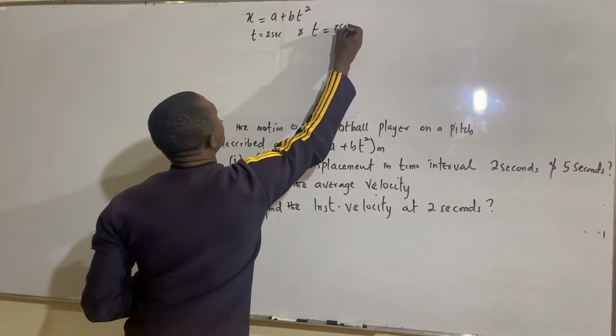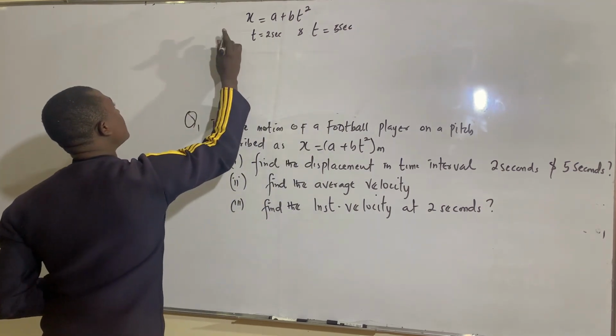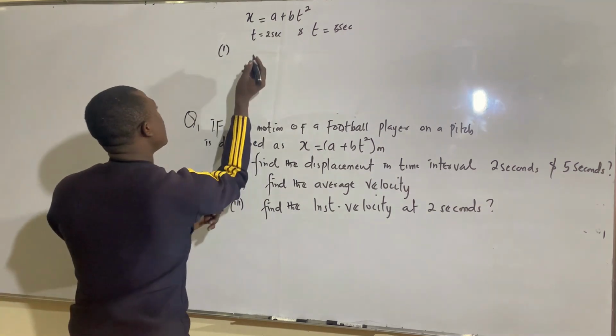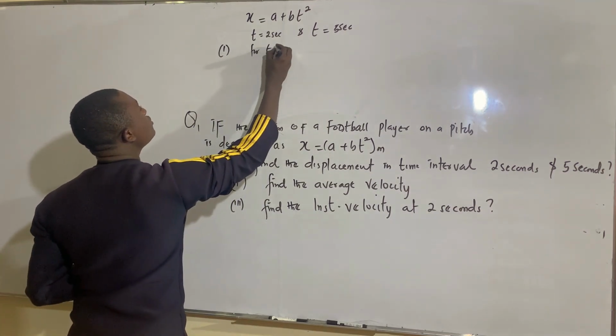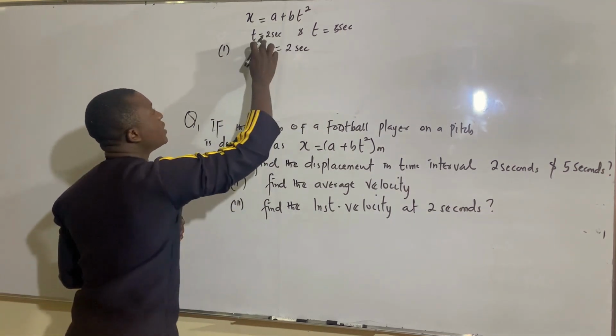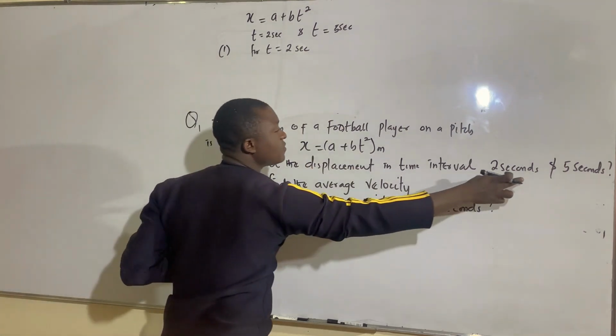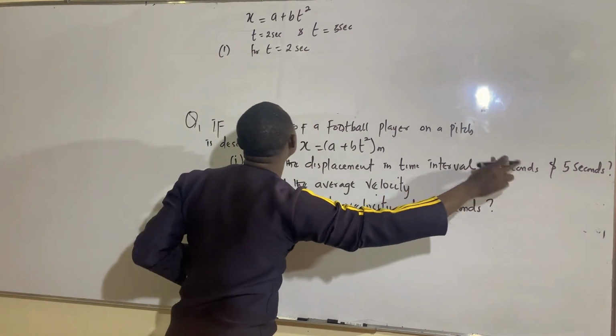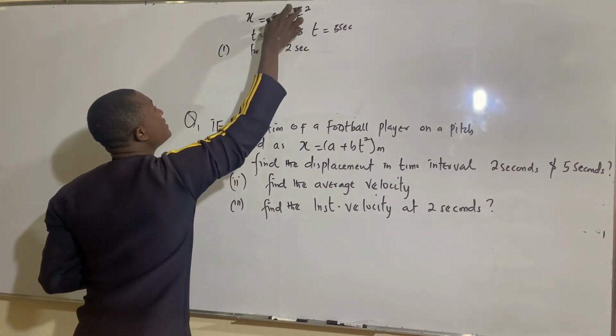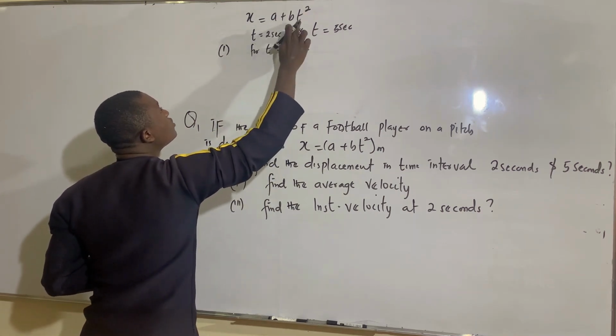So now let's look at that. Let's first find it for t equal to 2 seconds, meaning we are using the first time given to us in the problem, which is 2, right? So in this equation, whenever I see t, I will put t to be 2.